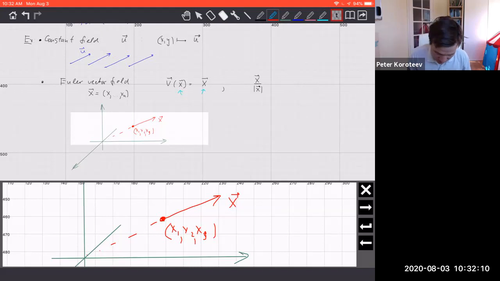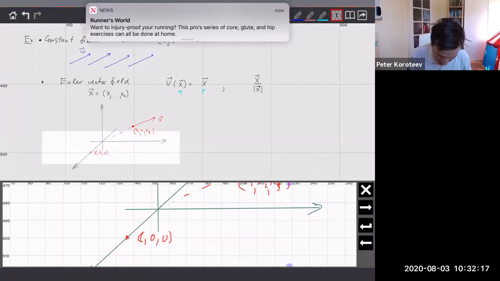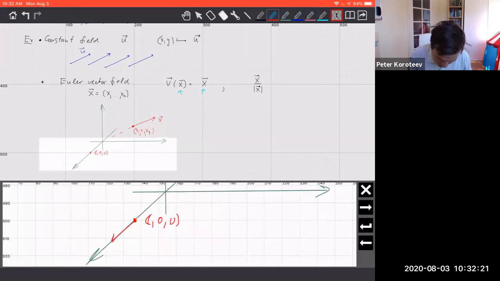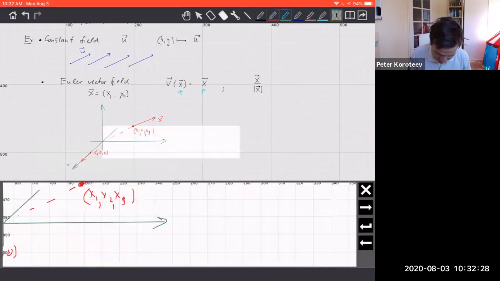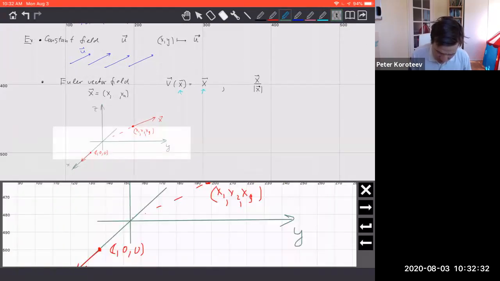For example, take the point 1, 0, 0, the point over here. According to our rule, we attach a vector whose coordinates are 1, 0, 0. So it will be a vector which points in the x direction. Same, if you pick the point 0, 1, 0, this point will have a vector attached in the y direction, and so on.